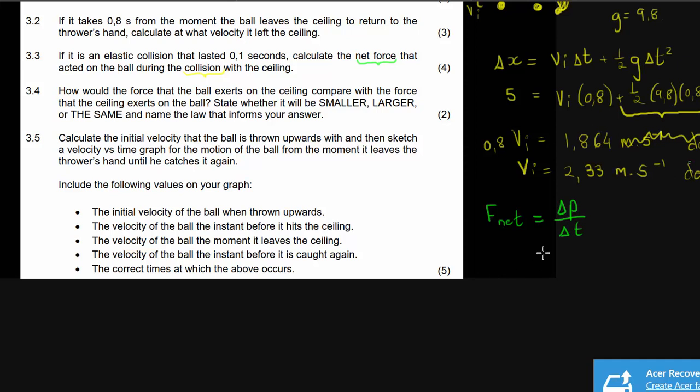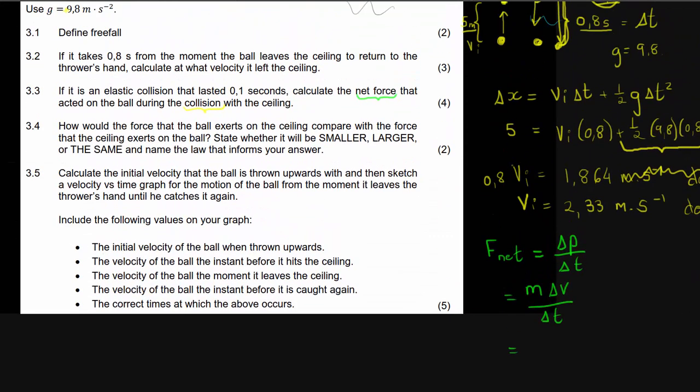Okay, a few formulas that you should know off by heart, definitely. The change in momentum is mass times change in velocity, over change in time. So this is just the contact time of the collision. The change in velocity: did the velocity change? Well, no, the velocity didn't change because it was an elastic collision.